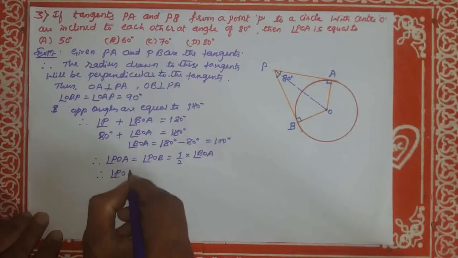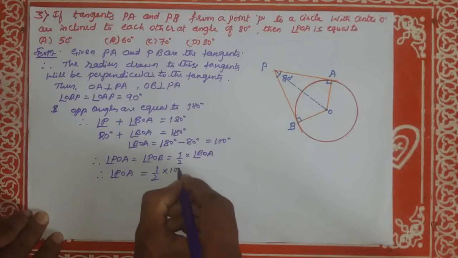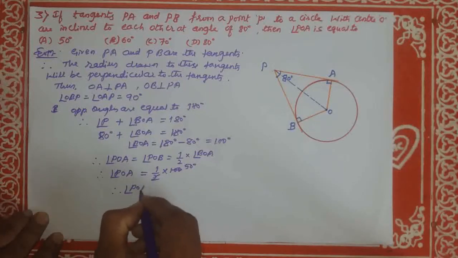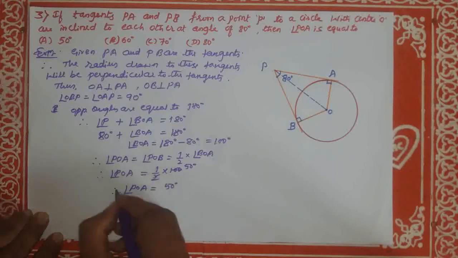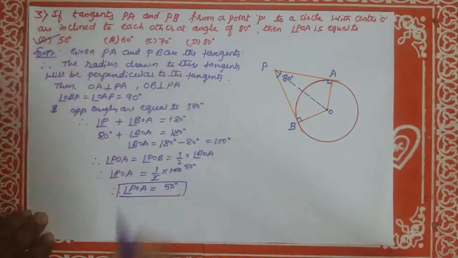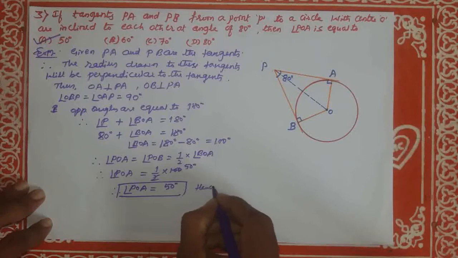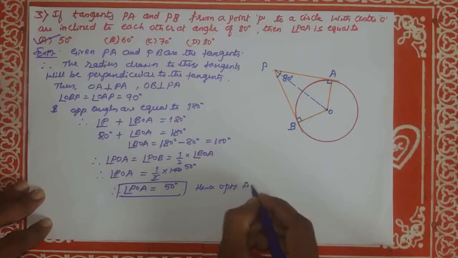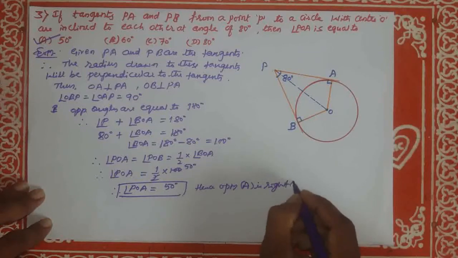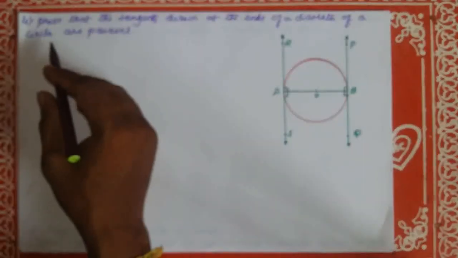Therefore, angle POA is equal to half into 100. Twos are twos, so angle POA is equal to 50 degrees. Hence, option A is the right answer. Dear students, now let us discuss the fourth question.